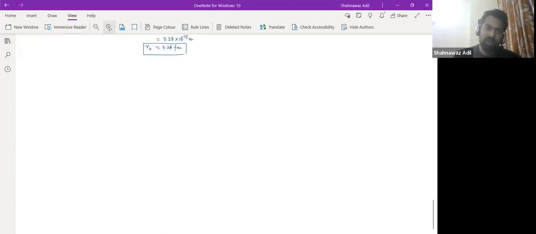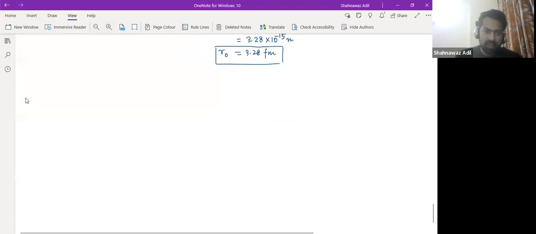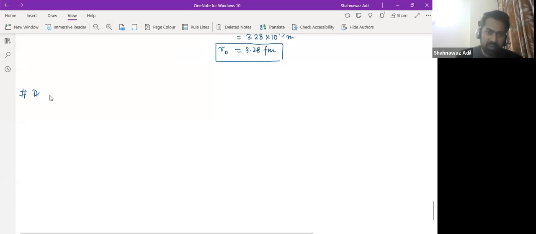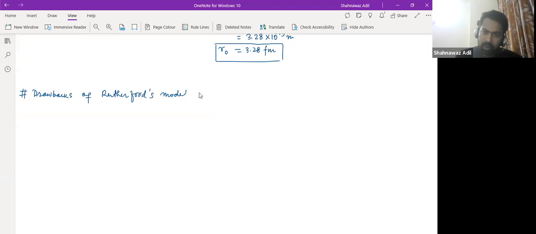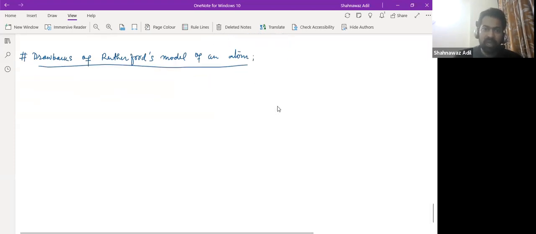Let us go ahead and study quickly about the drawbacks of the Rutherford model of atom. So what was the first major drawback?